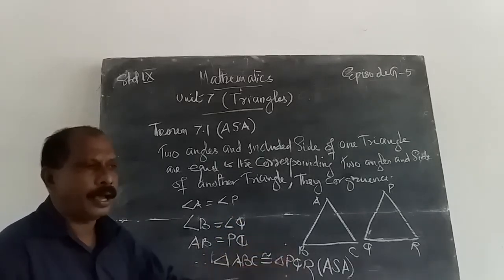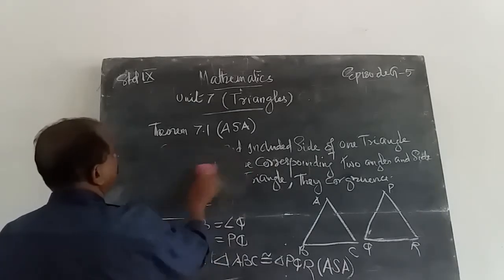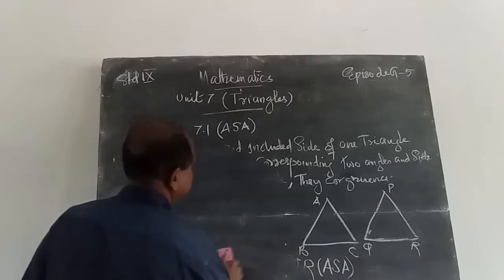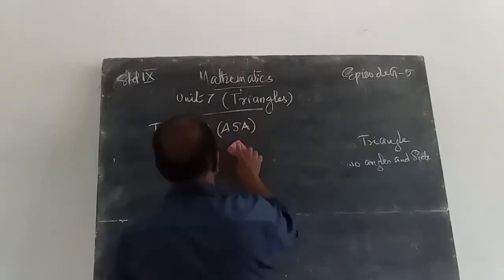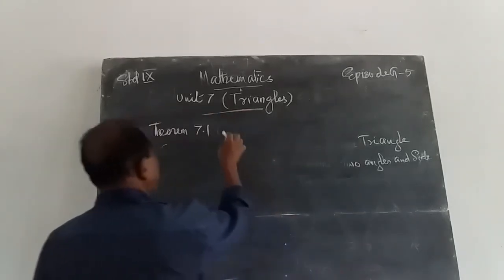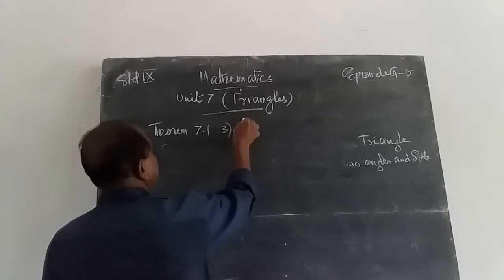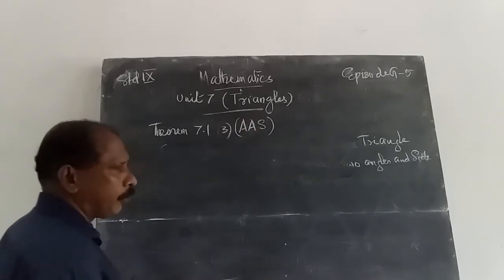SAS means side angle side. Then the third theorem of that one is AAS criteria of congruency.